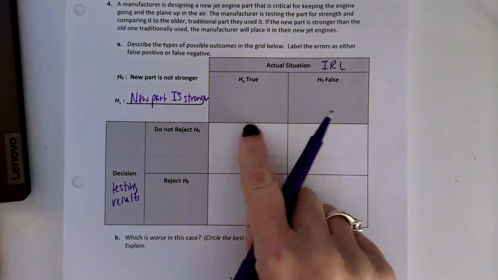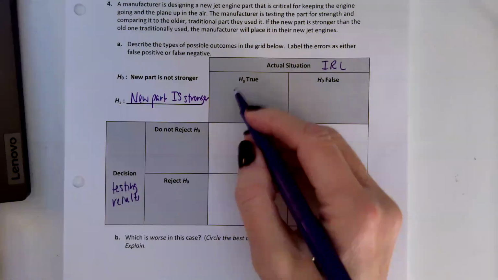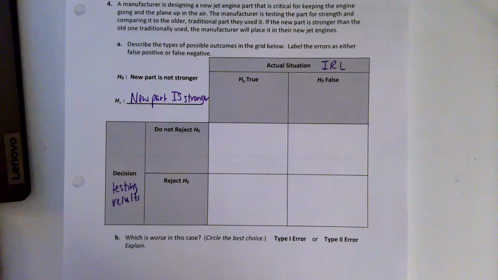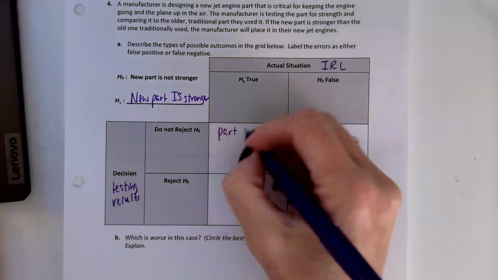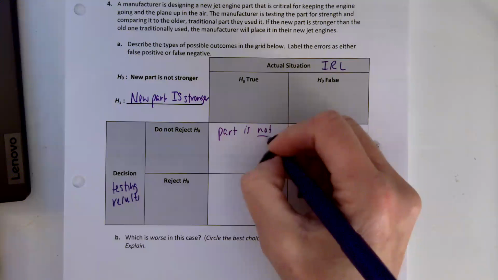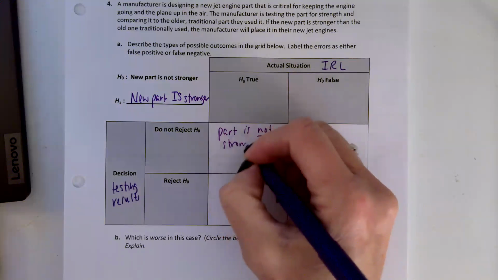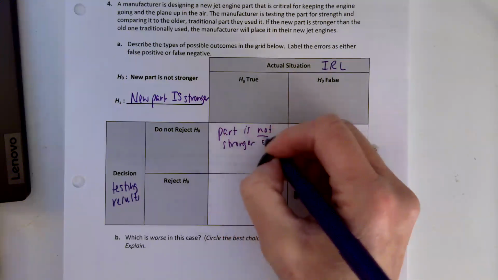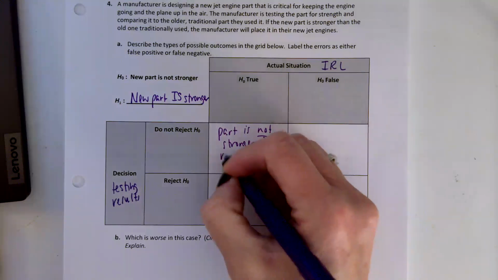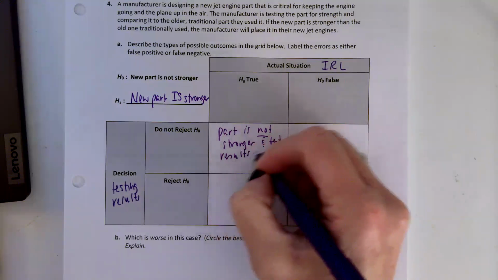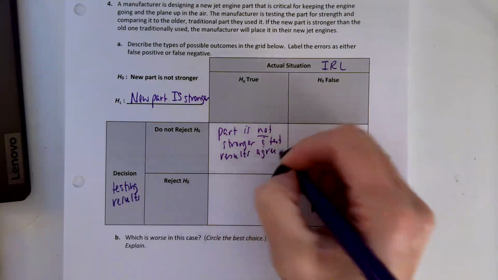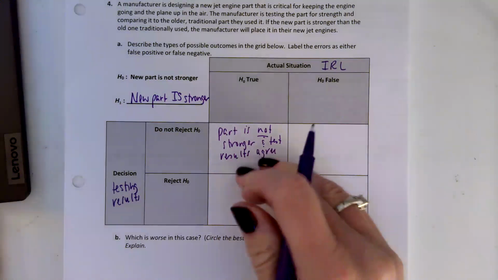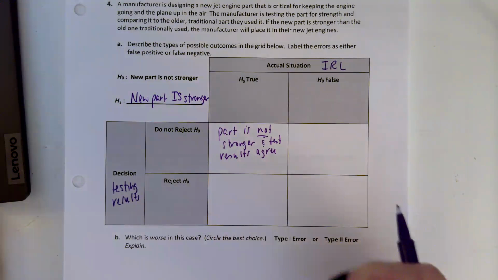So this box right here is H0 is true. Part is not stronger. And test results agree. Don't want to use the new part.